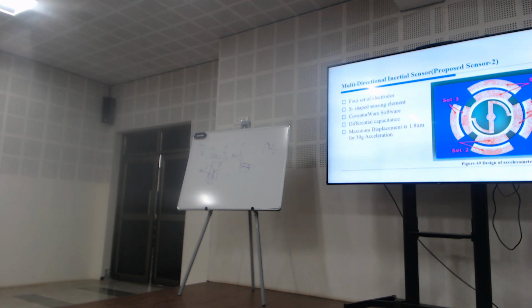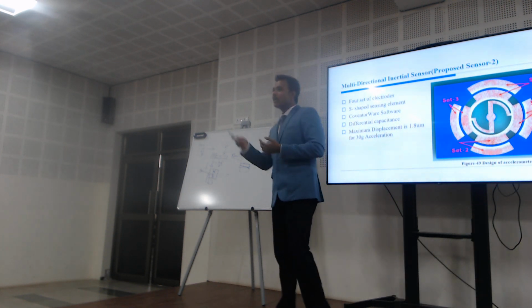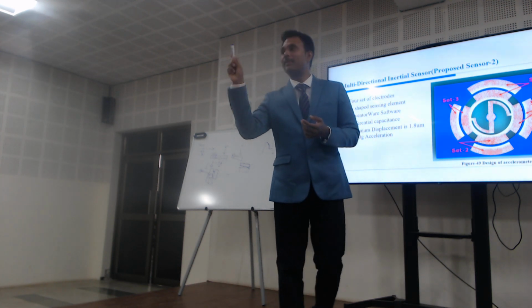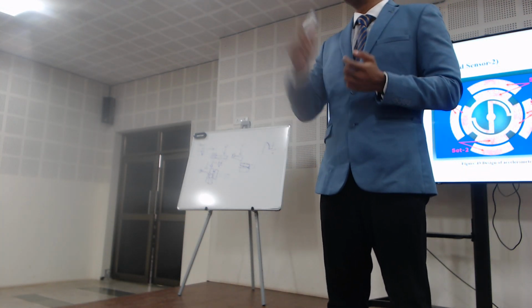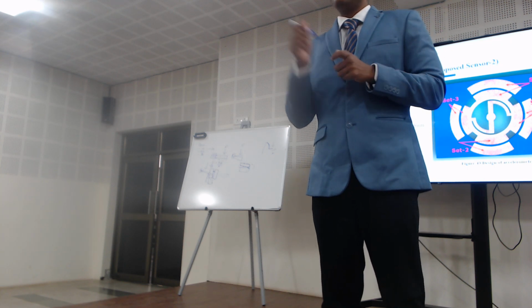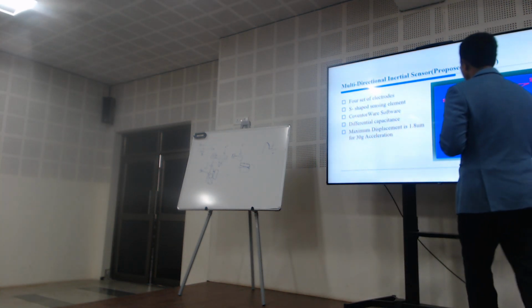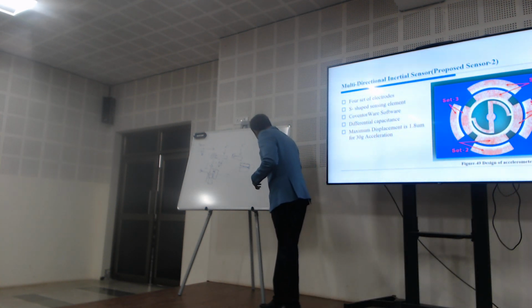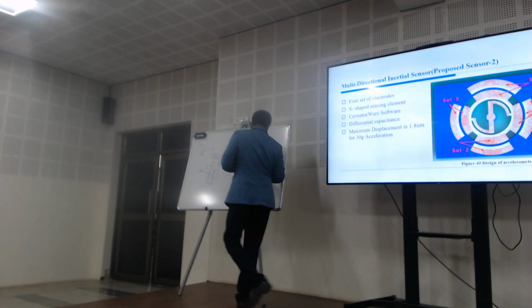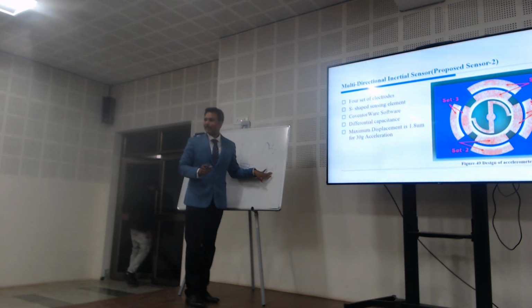And one more thing I want to tell you: whenever you are going for a movable sensor, go for differential capacitance. Then we can get good sensitivity. So what is the meaning of normal capacitance and differential capacitance? In normal capacitance I have only one capacitance.